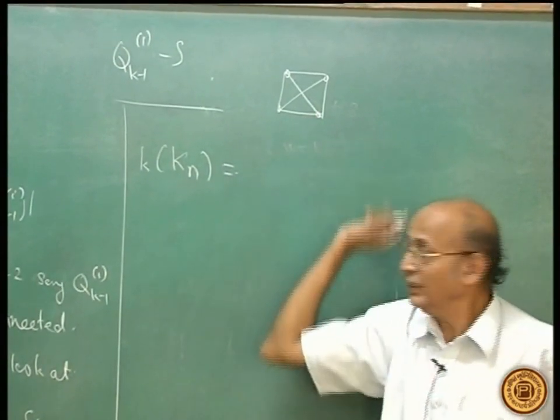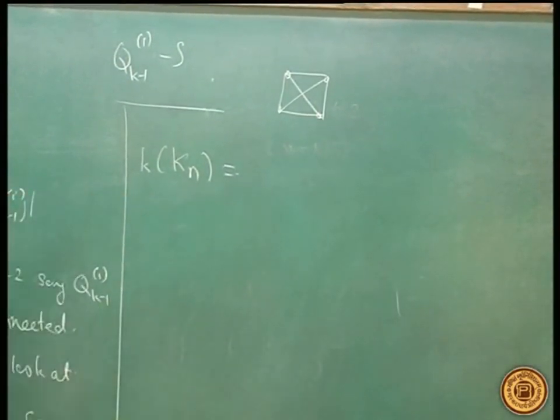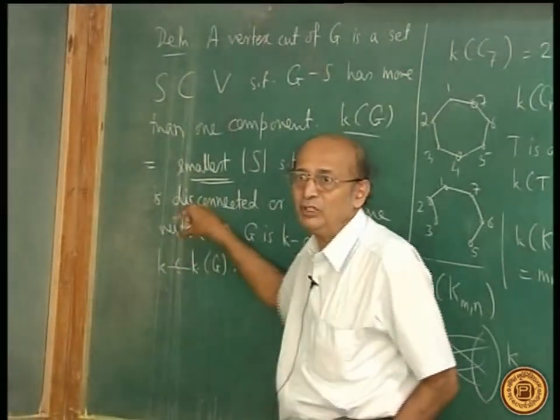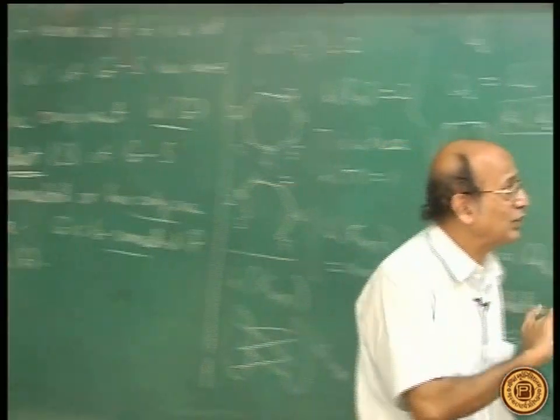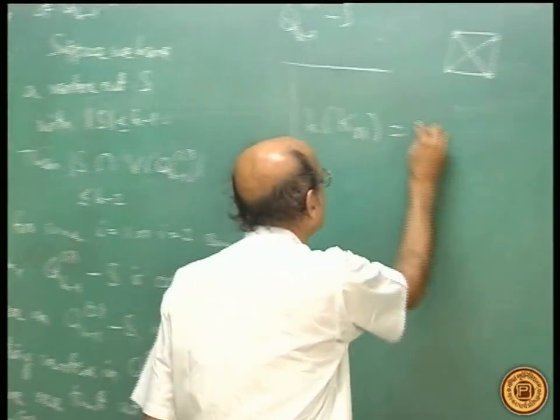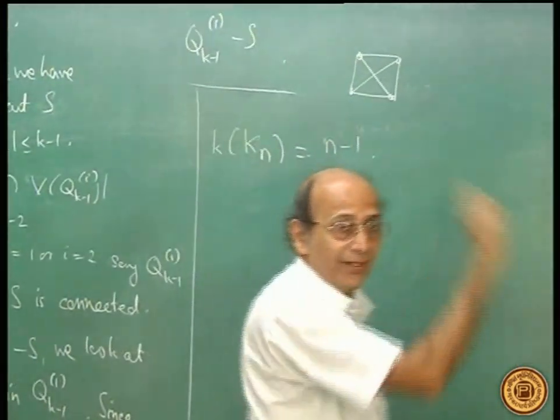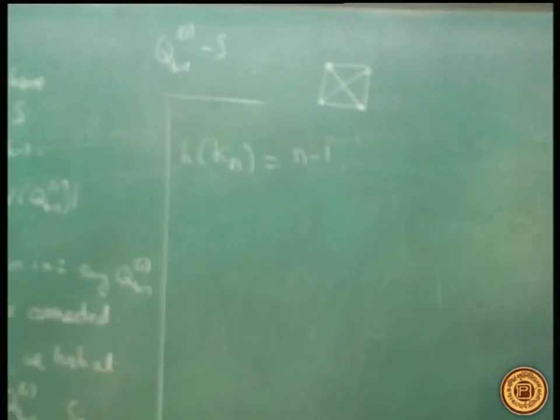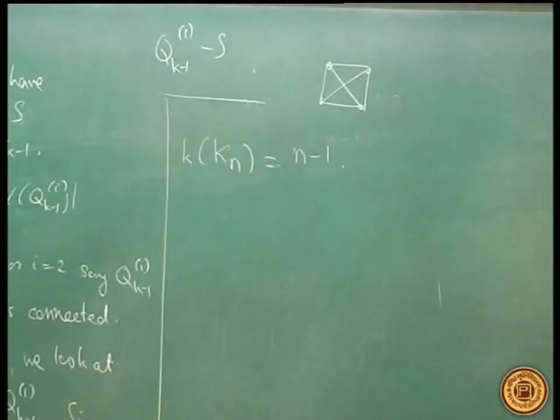Is that clear? Now I have to use the second part of the definition: or the graph has only one vertex. Okay? So the connectivity of Kn is n minus 1 by definition.